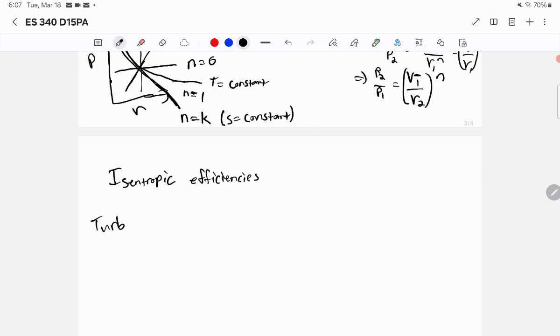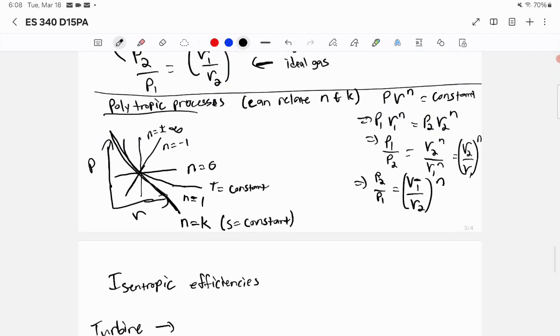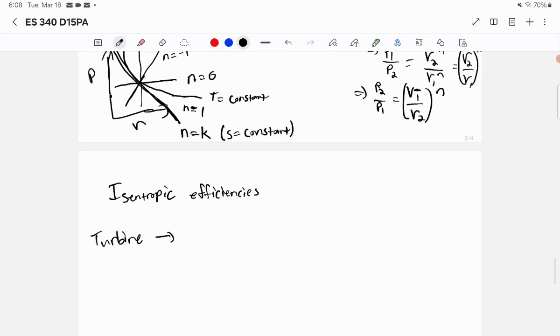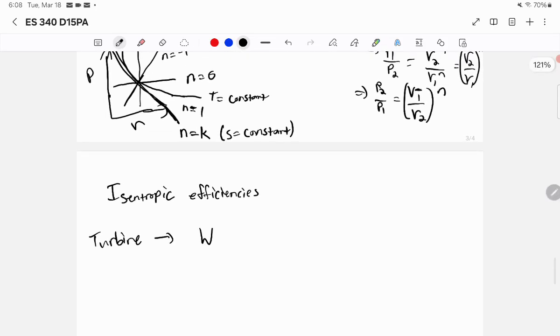So the turbine. This one works out to be something like this. We know that W_cv dot over m dot is equal to h1 minus h2, right?